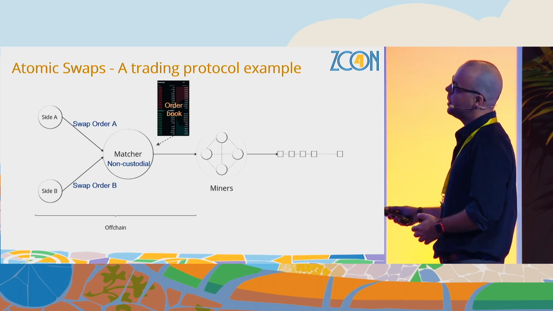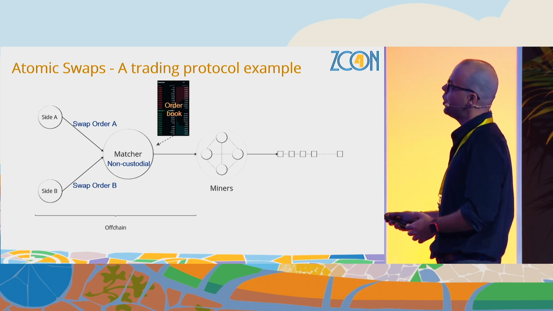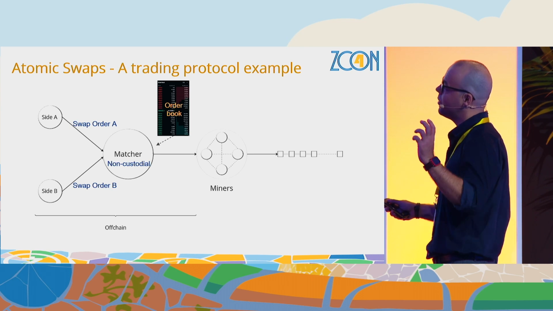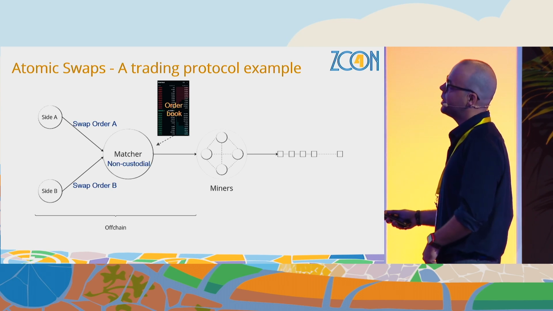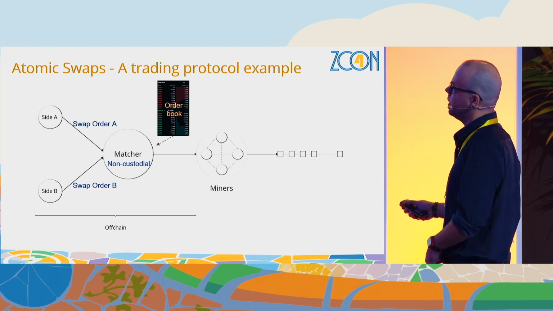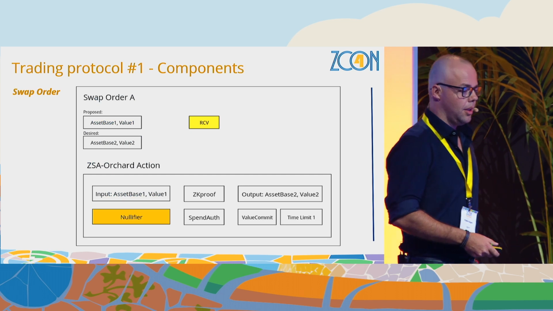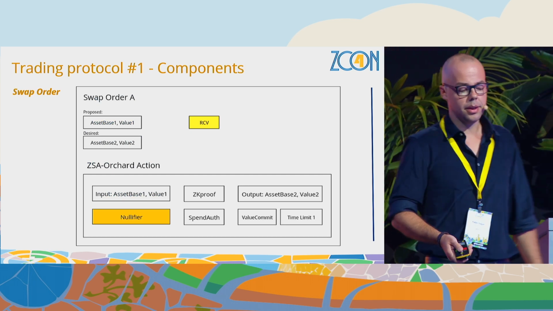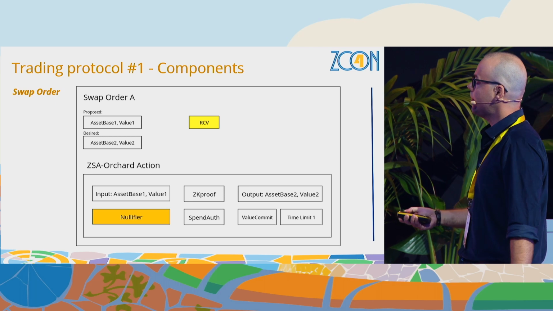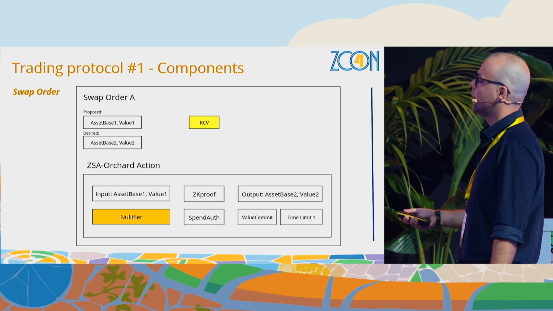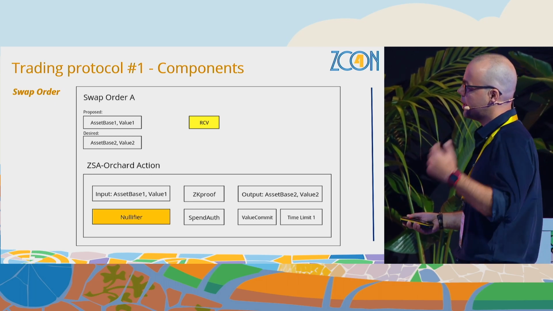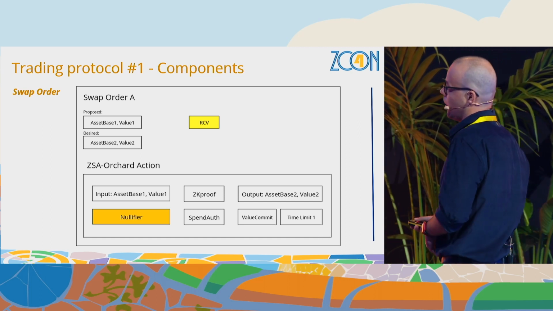In this setup, the parties will send swap orders to the matcher. The matcher will run a virtual order book, and it will try to match the relevant orders and create complete bundles to send on-chain. So we introduced something that is called a swap order. Inside a swap order, we have a ZSA Orchard action, same as we did in the atomic swap example.